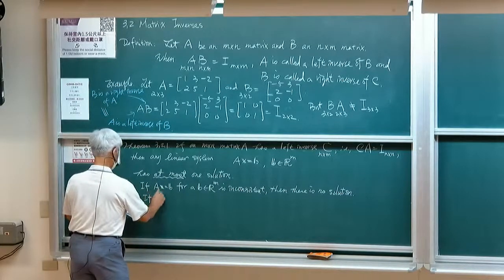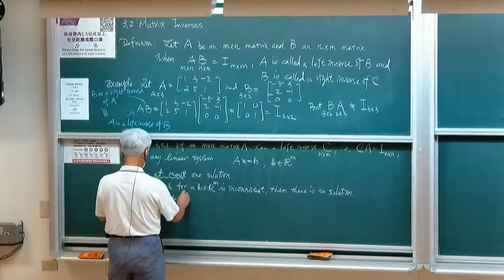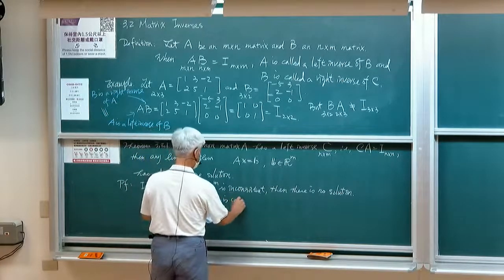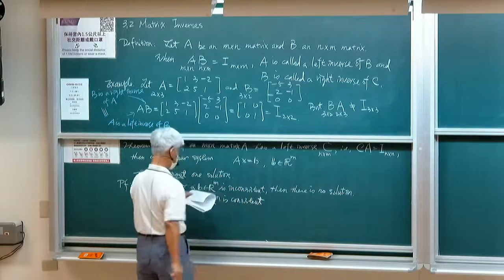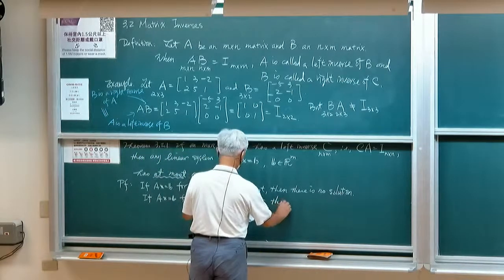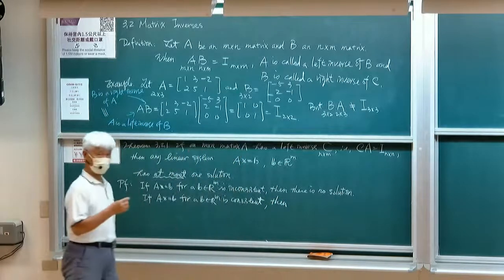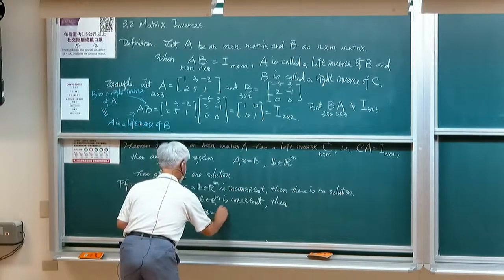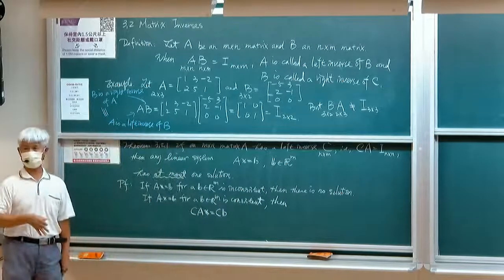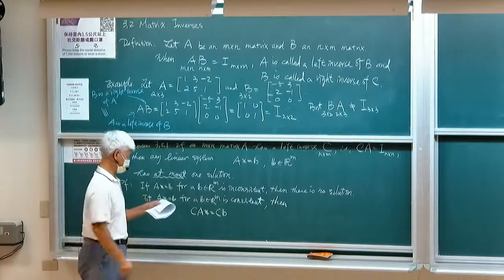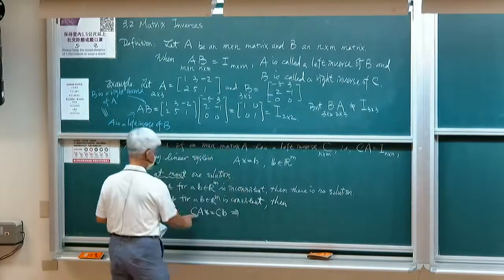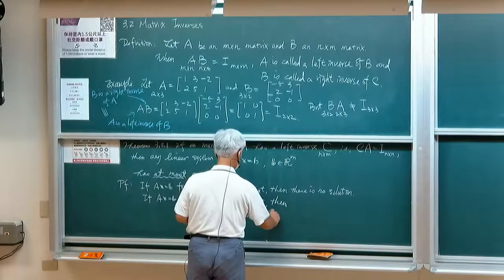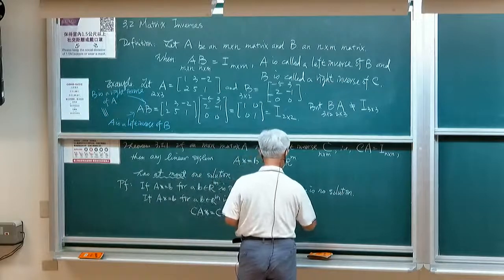But if AX equal to B for B in R^M is consistent, which means it can be solved, then we multiply the linear system by C from the left. Since CA is the identity, this implies that the solution should be equal to CB.